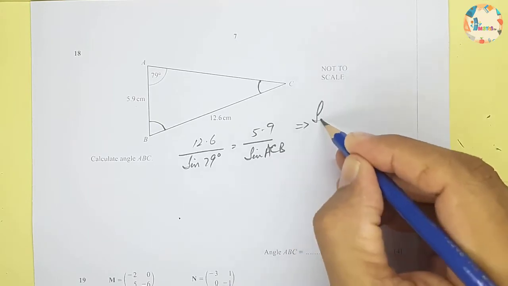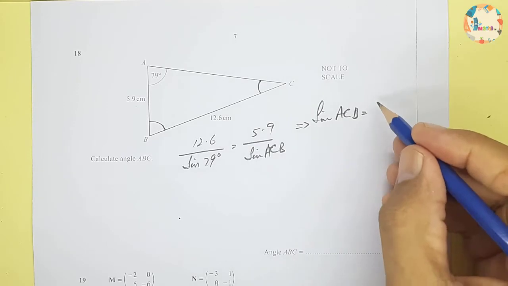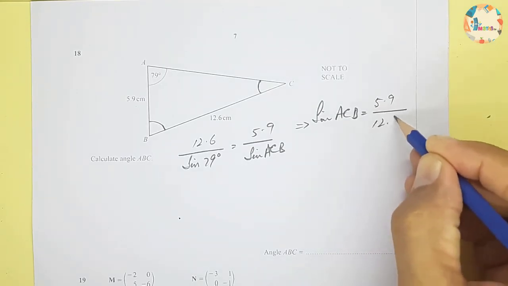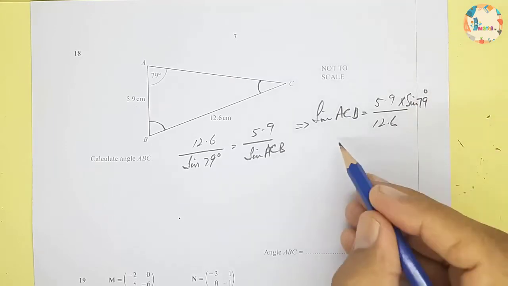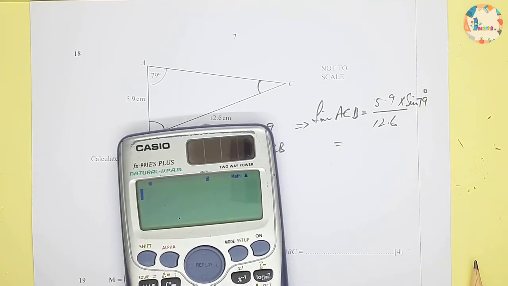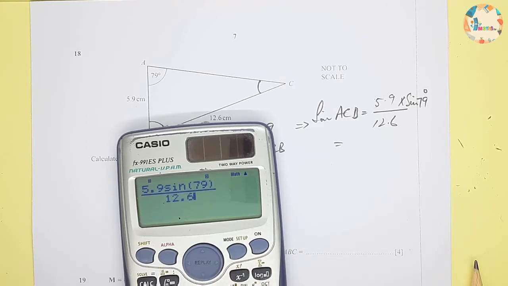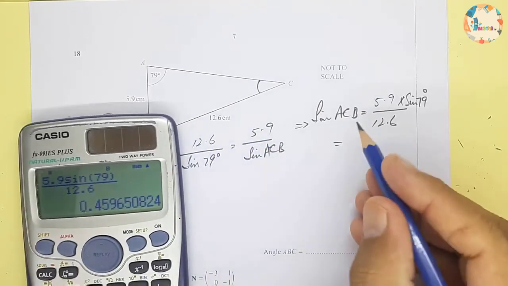This implies sine of ACB is equal to 5.9 over 12.6, multiplied by sine of 79 degrees, and this one we can calculate. This will be 5.9 sine of 79 degrees divided by 12.6, and this will give us 0.45.